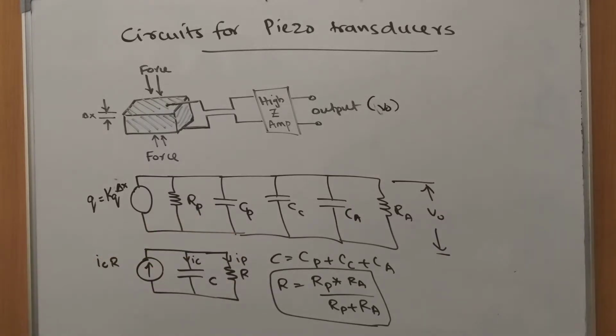Therefore, the equivalent is R equal to Rp times Ra divided by Rp plus Ra. Therefore, the circuit becomes much simpler. In this case, the charge source is replaced by a current source ICR, where Ic is the current through the capacitance and IR is the current through the resistor. So it becomes an RC parallel circuit.